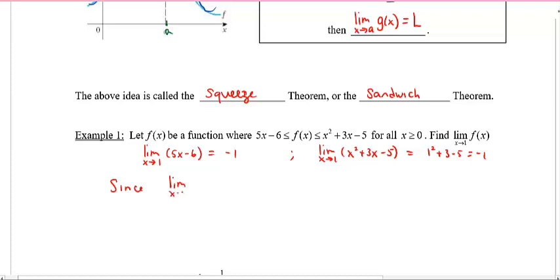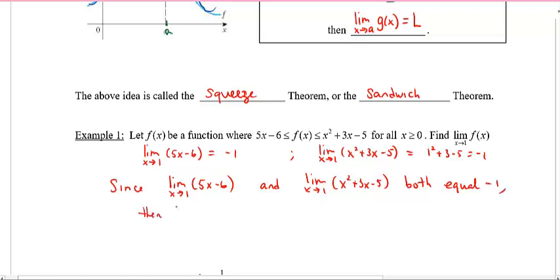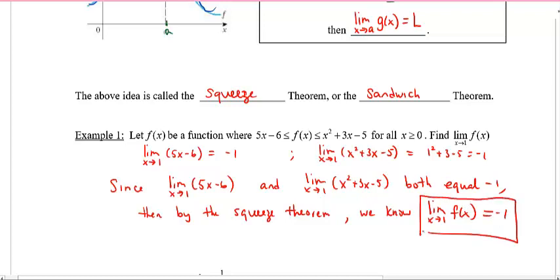Since the limit as x approaches 1 of the lower function and the limit as x approaches 1 of the upper function both equal negative 1, then by the squeeze theorem, and you should quote it, that's like your proof, we know that the limit of f of x must also equal negative 1. Ta-da! That's a pretty straightforward example.